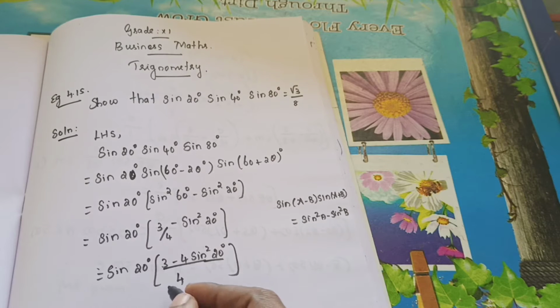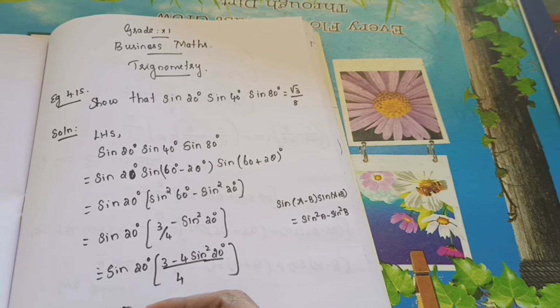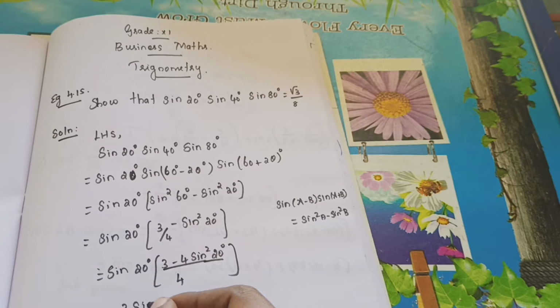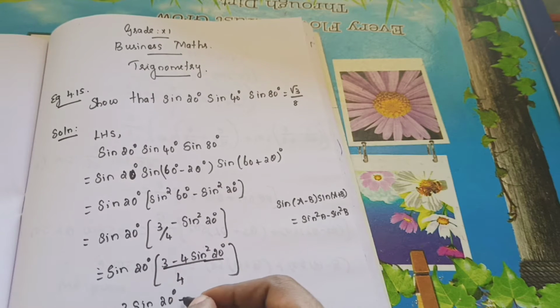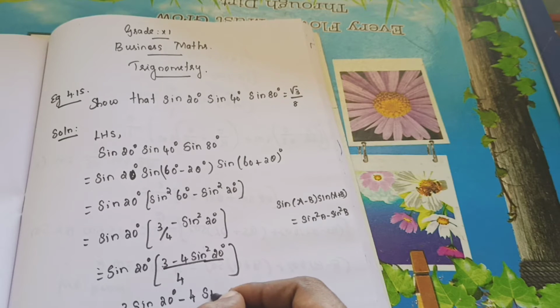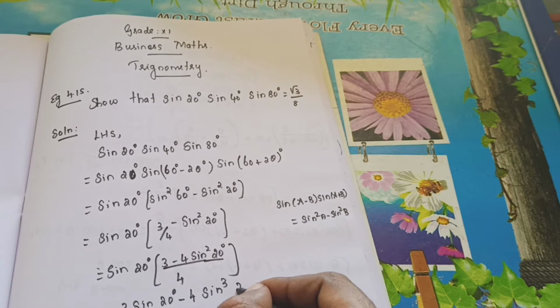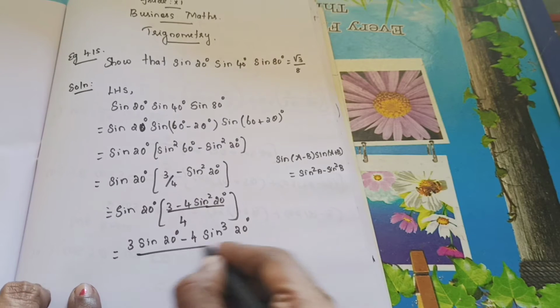That's equal to, write down, sine 20 degree into 3. Is it right? So multiply inside. 3 sine 20 degree minus 4 sine square into sine means sine cube 20 degree, divided by 4.